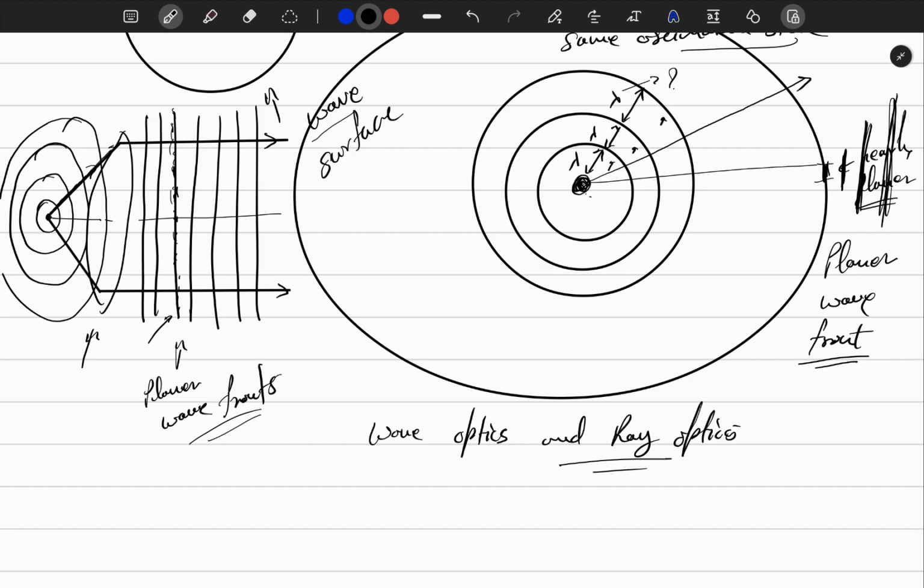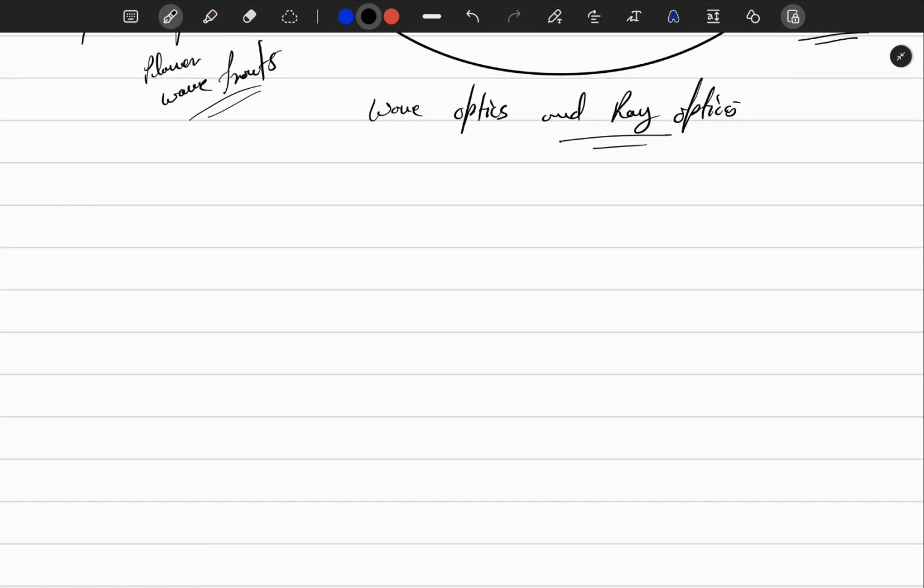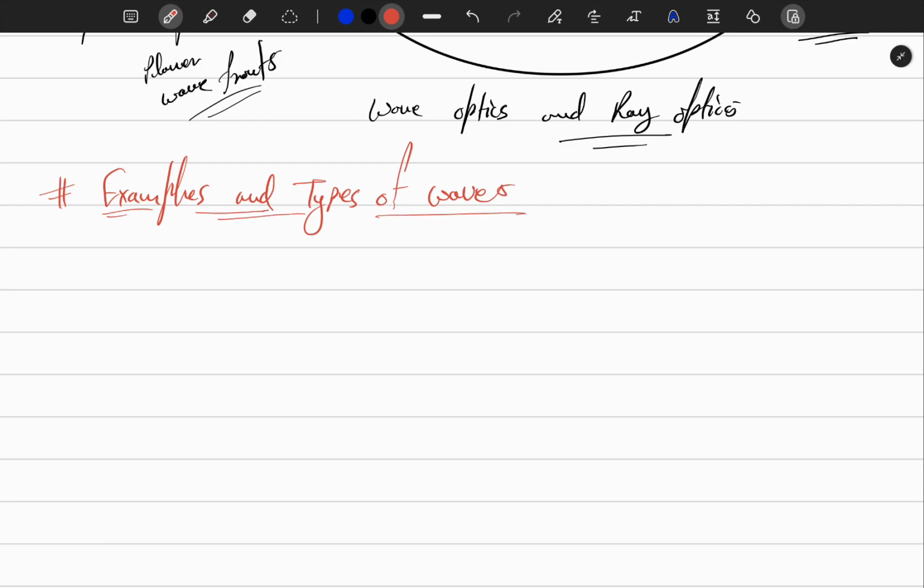Now let us consider examples and types of waves. Waves can be classified according to the source that generates them.